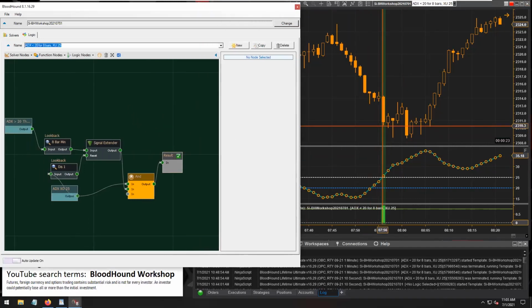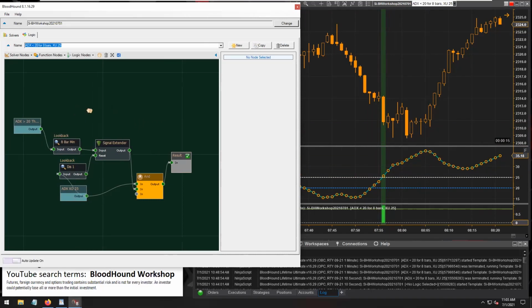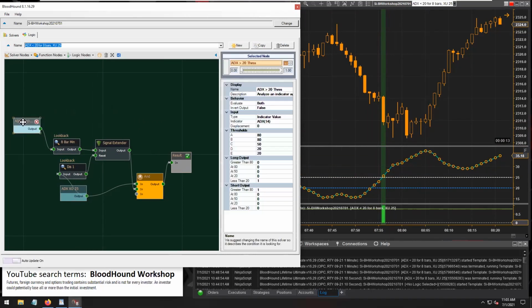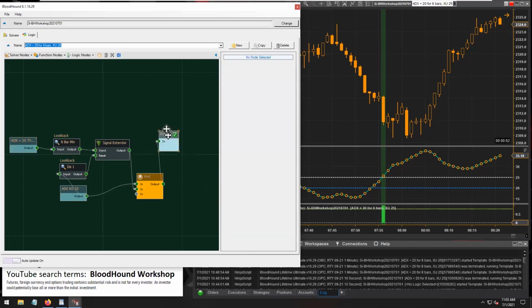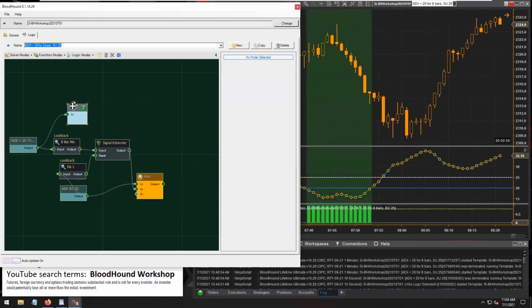so that we get both a long and a short signal when this condition happens. That way it's a non-directional condition. It's just telling you that a trend has been established. So let me adjust some settings here. All right.